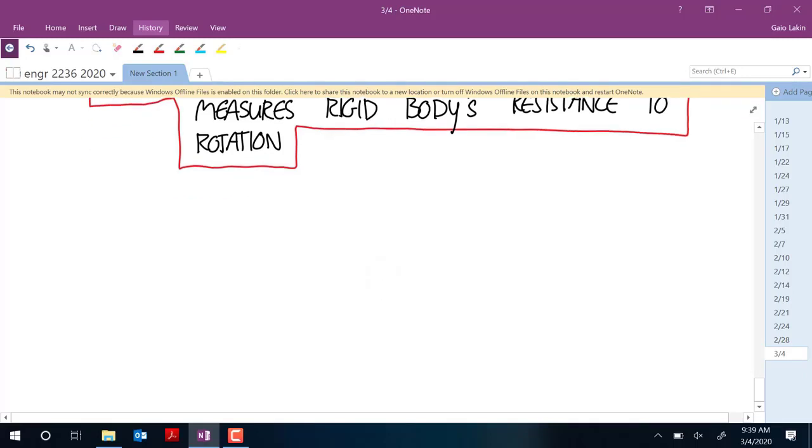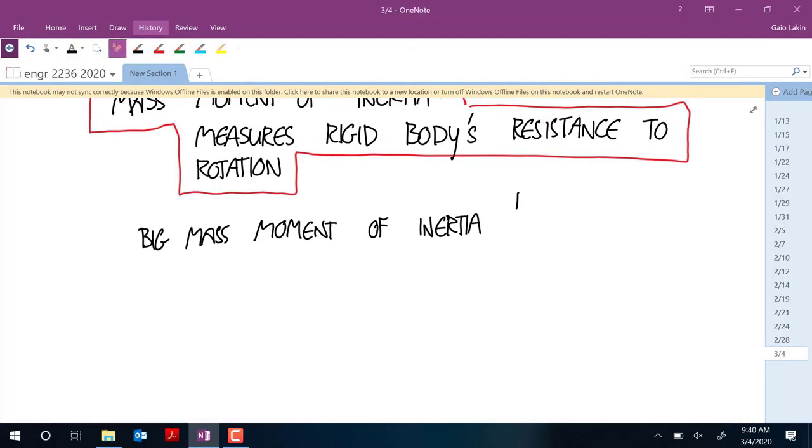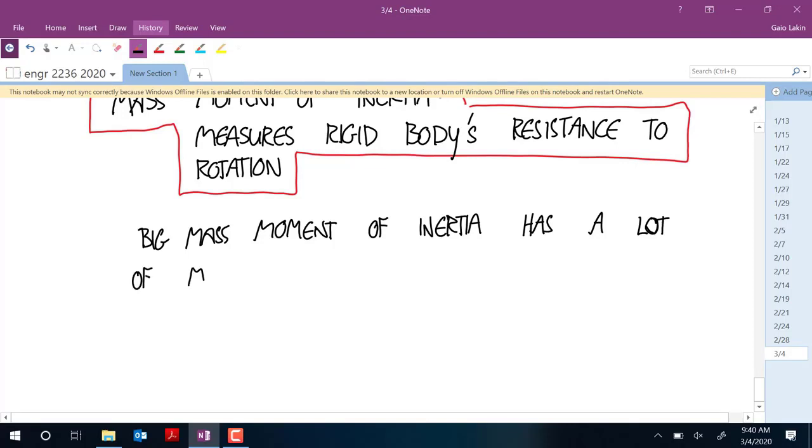So something with a big mass moment of inertia has a lot of mass situated far from the axis of rotation.